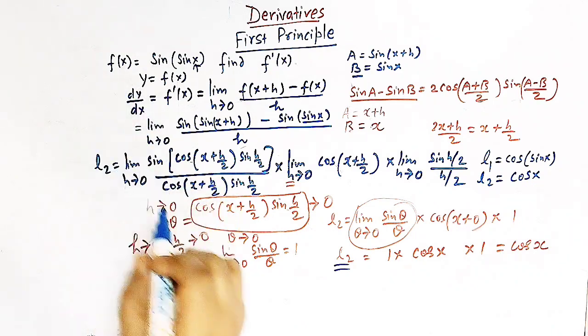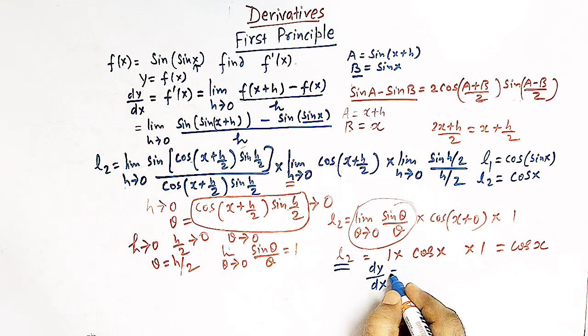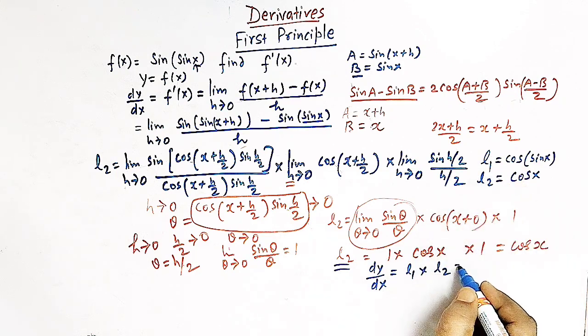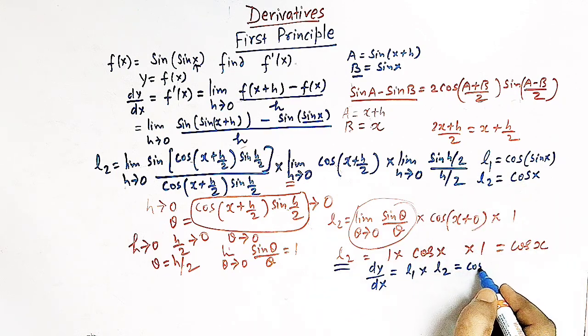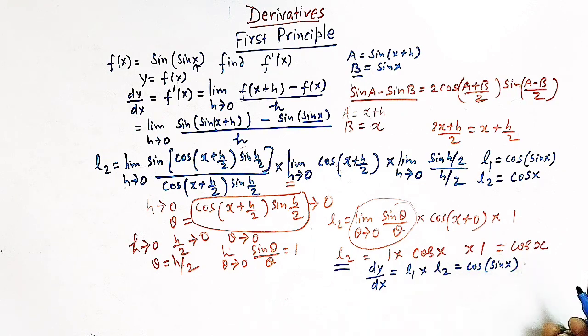Now the value of the derivative, dy over dx, is equal to the product of these two limits. L1 is cos of sine x, and L2 is cosine x.